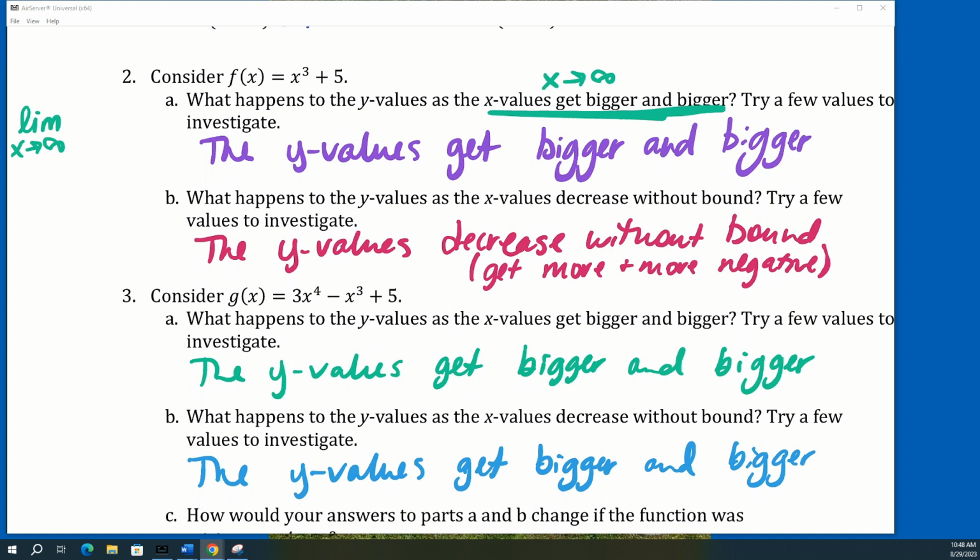And then after that, you always need to name the function. So our function's name in this case is f of x. And on the other side, we're going to write how you read this limit: it's the limit as x approaches infinity of f of x. And then you tell what's happening on the y's. So what is y getting closer and closer to? Infinity. All right, you guys wrote your first limit.